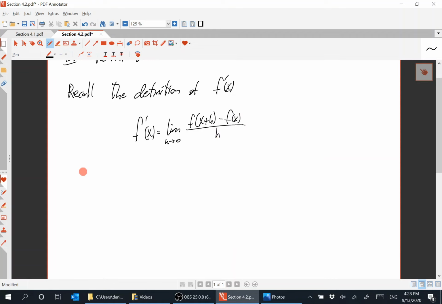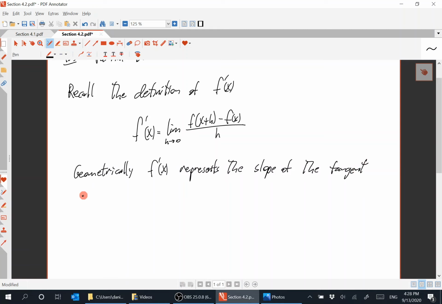Okay, geometrically, f prime of x represents the slope of the tangent line to the graph y equals f of x, for a particular value of x.